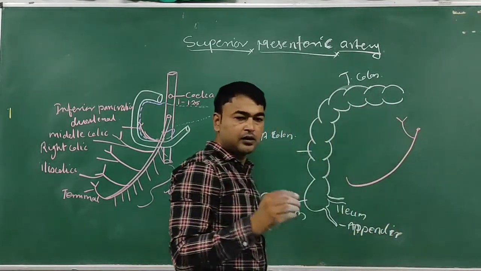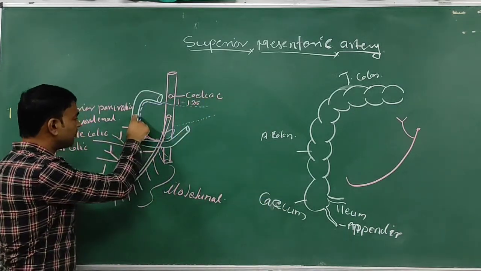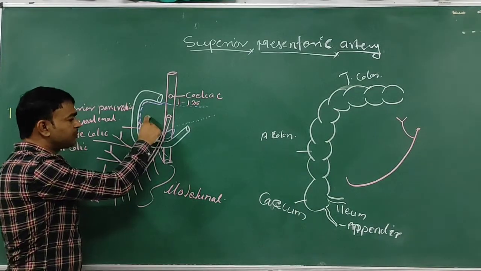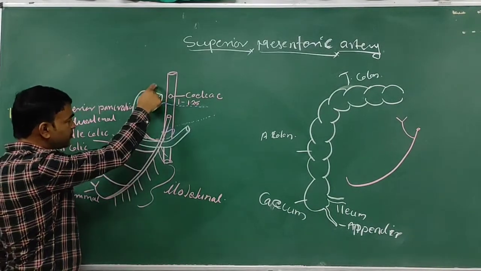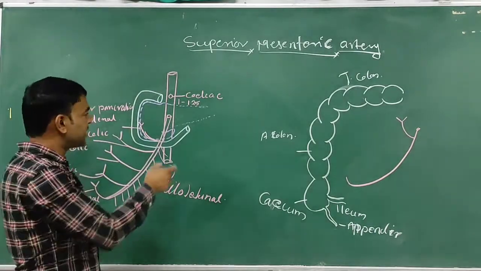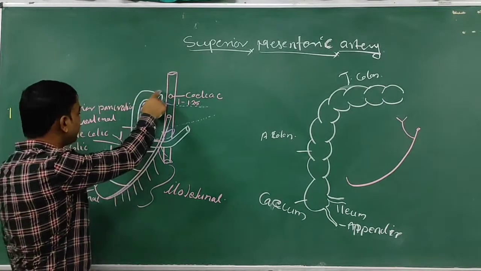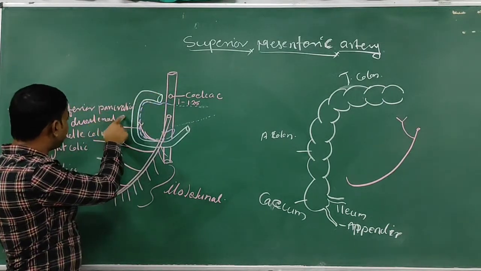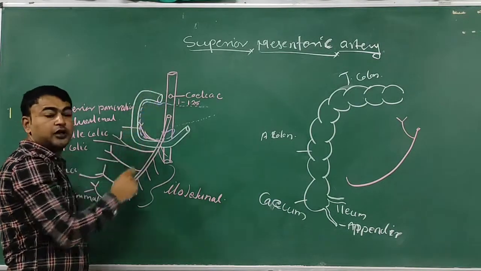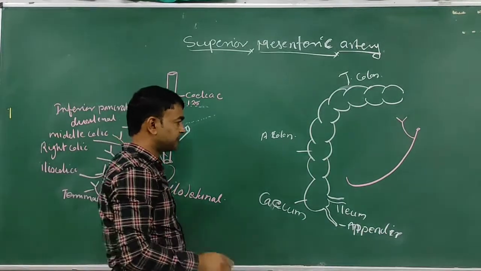These supply the lower half of the second part of the duodenum and the lower part of the neck of the pancreas, and anastomose with the superior pancreaticoduodenal artery, which branches from the common hepatic artery.